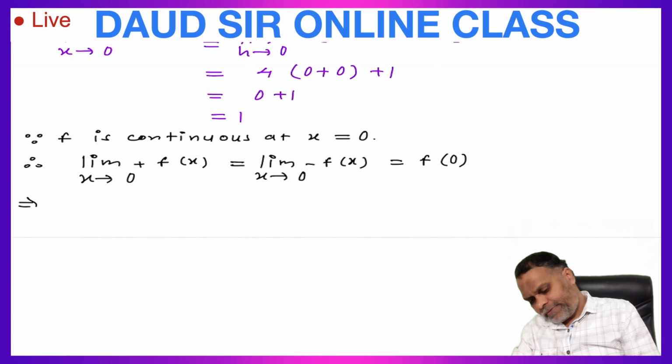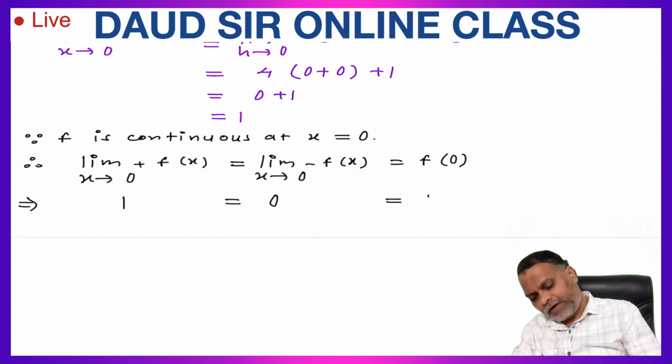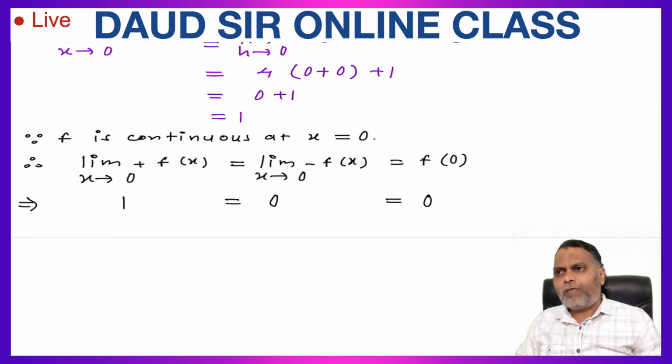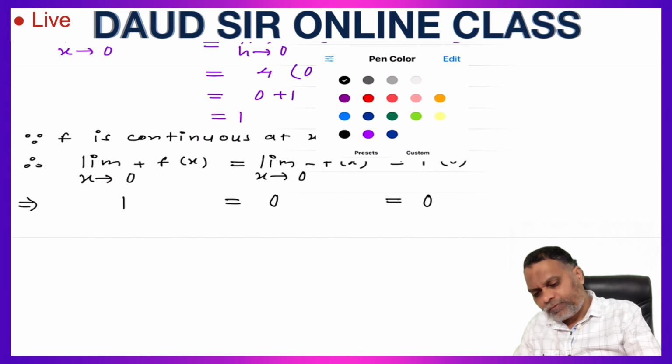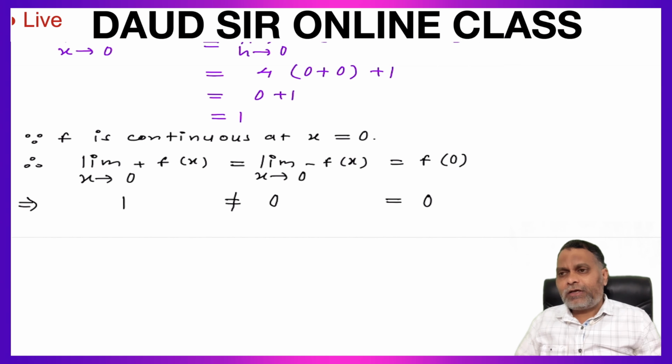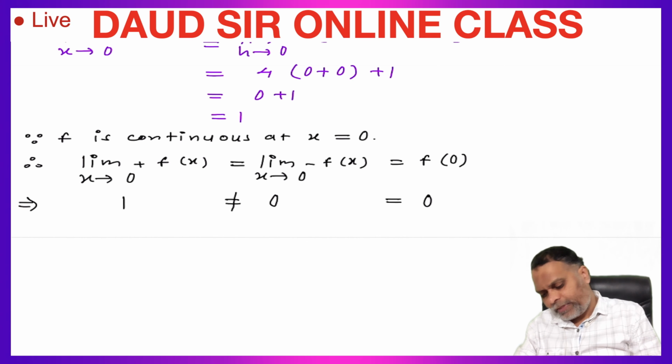But the right hand limit is 1, the left hand limit we have got is 0, and the value of function at x is equal to 0 is 0. So look here, 1 is not equal to 0. It means there is no value of lambda for which this function is continuous at x is equal to 0.